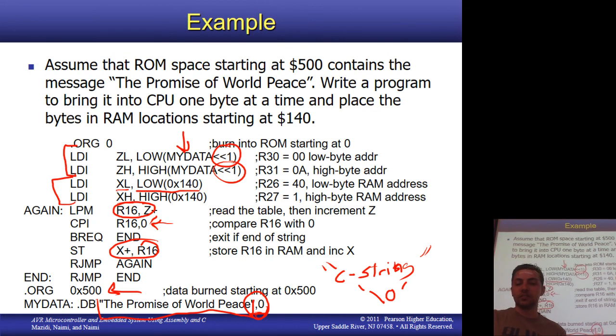But C strings, you'll still find them in a lot of legacy code. So that 0 is an indicator that that's the end of the string. So you just do a terminal condition here, branch if equal to end, meaning if it is 0, you're done. Just jump to the end. Otherwise, you store and then you jump back to again.